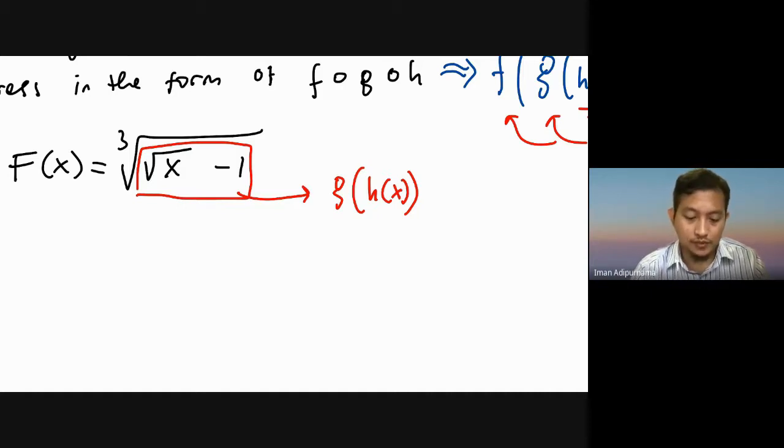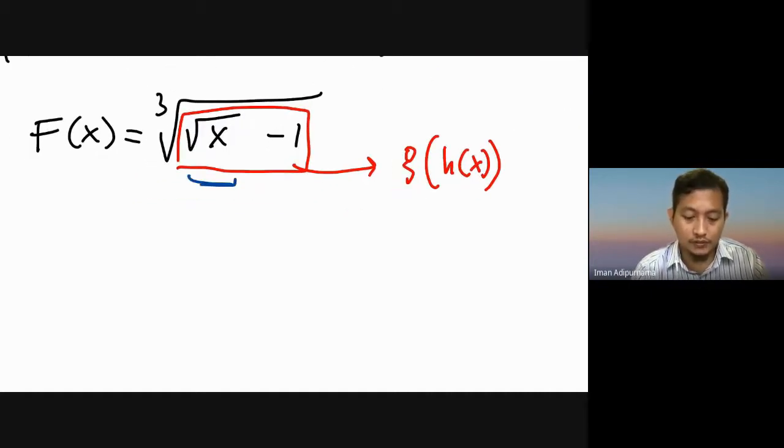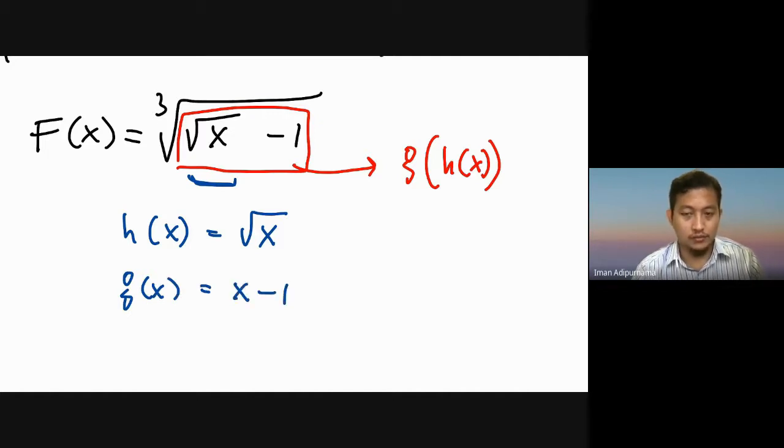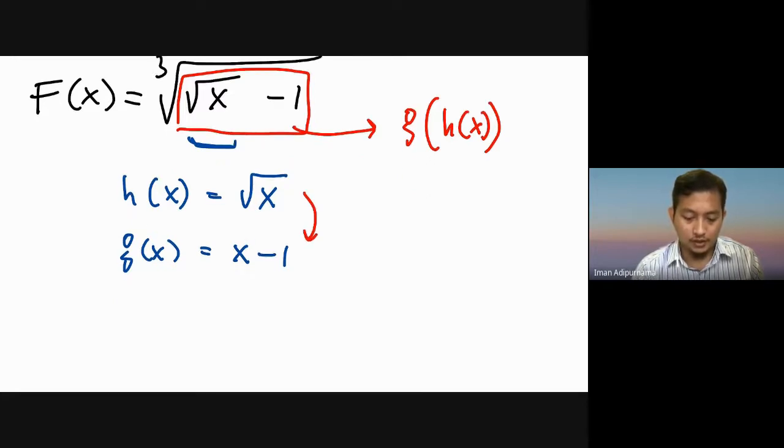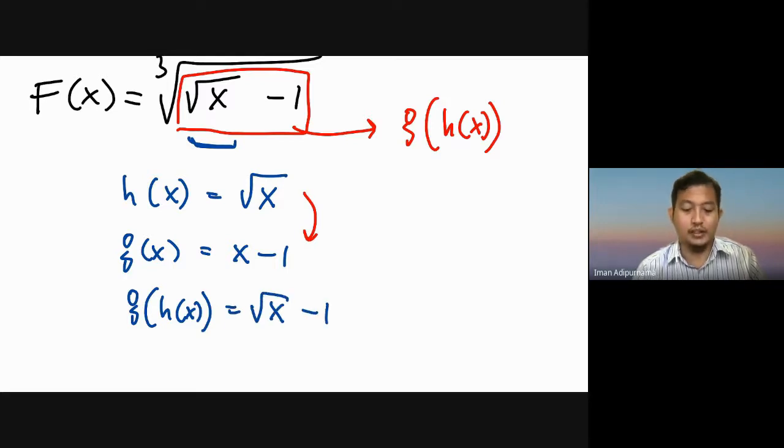I think this should be the first one, the square root of x. That should be the h. So h should be square root of x, and then g of x will be x minus 1. When we combine g and then h, you will have square root of x minus 1.